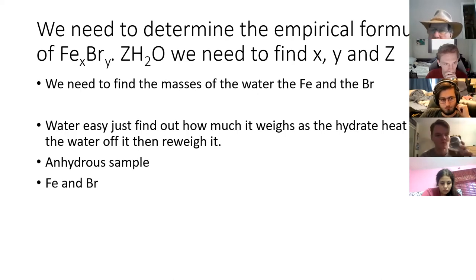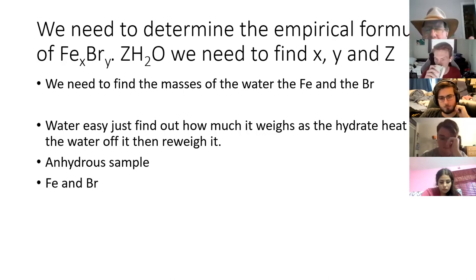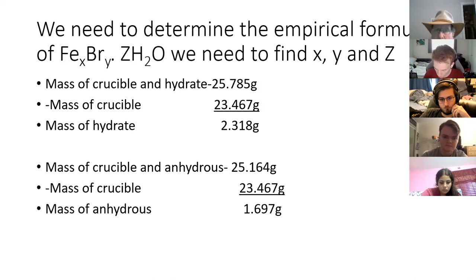Now we have the anhydrous sample. Larry, if I've got this compound, FeBr·zH2O, and I've driven off all the water, what is left? The FeBr. Just the iron and the bromine. We're going to use that in a second.